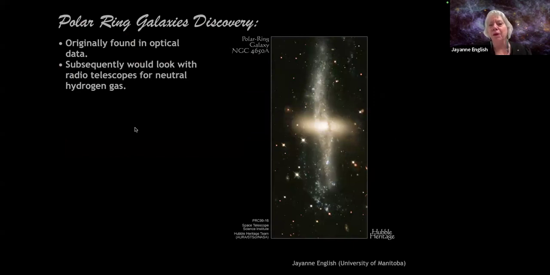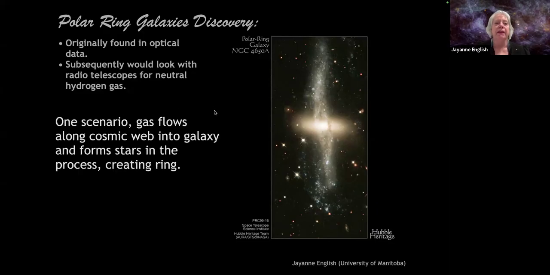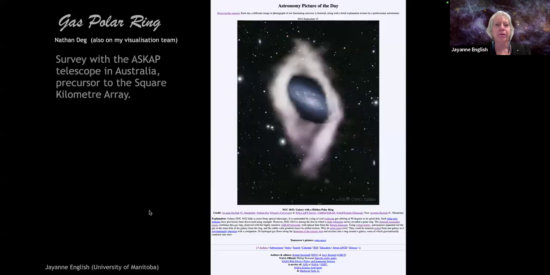Originally, we found these polar rings in galaxies using optical telescopes like the Hubble telescope, and we would subsequently use radio telescopes to look for the neutral hydrogen gas, and we would find it then. In one scenario, the gas flows along the cosmic web into the galaxy or into its region and forms stars in the process, and that creates that ring around the galaxy.